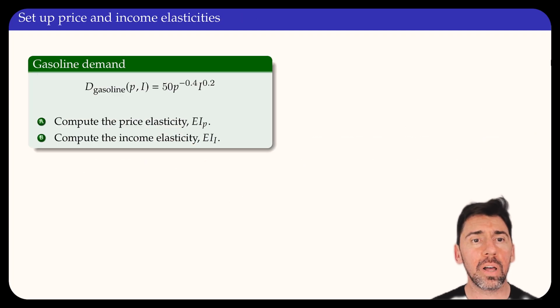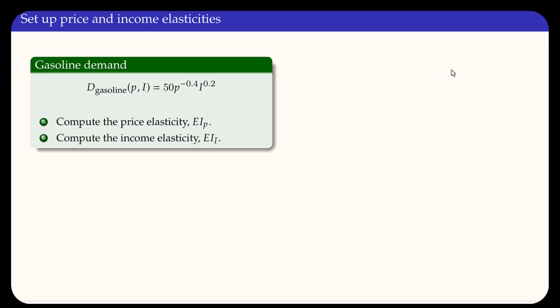Here's an example where we've got gasoline demand. We've got a demand function for gasoline, and the demand for gasoline is going to depend on the price of gasoline and household income. Let's start with part A. We want to compute the price elasticity, which is defined in our textbook as E subscript P. So we might want to write our elasticity formula.